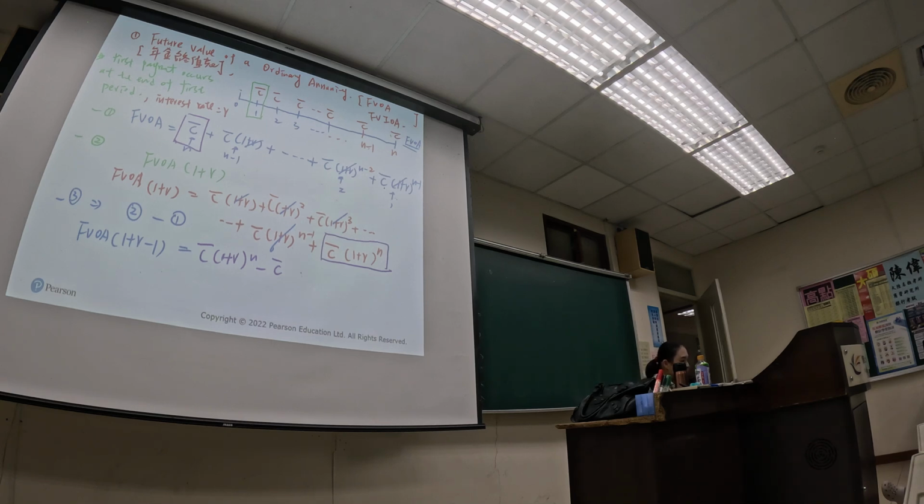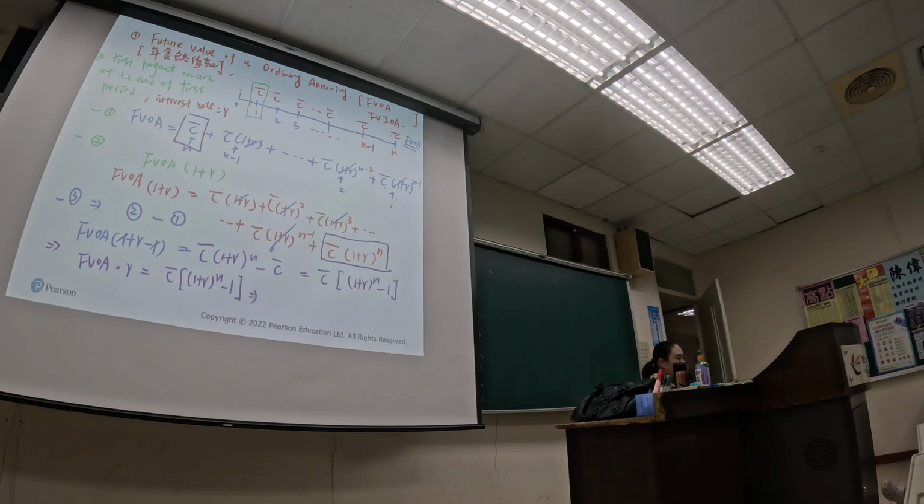And then you take the C out: C times (1 plus R to the power of n minus 1). Okay, and your left-hand side becomes FVOA times R, because 1 crossed out, equals to C times (1 plus R to the power of n minus 1).